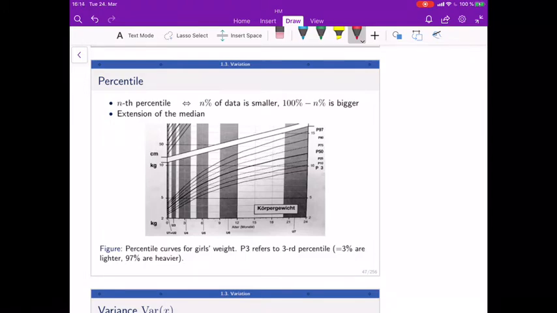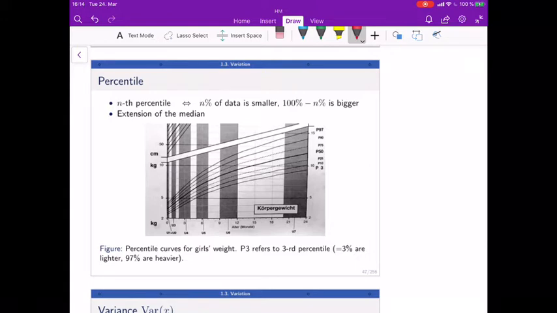So the 10th percentile means 10% of data points are smaller, 90% are bigger. 80th percentile, 80% smaller, 20% bigger. If you know a few of these percentiles, then you know quite a bit about the distribution and its width or its variation.